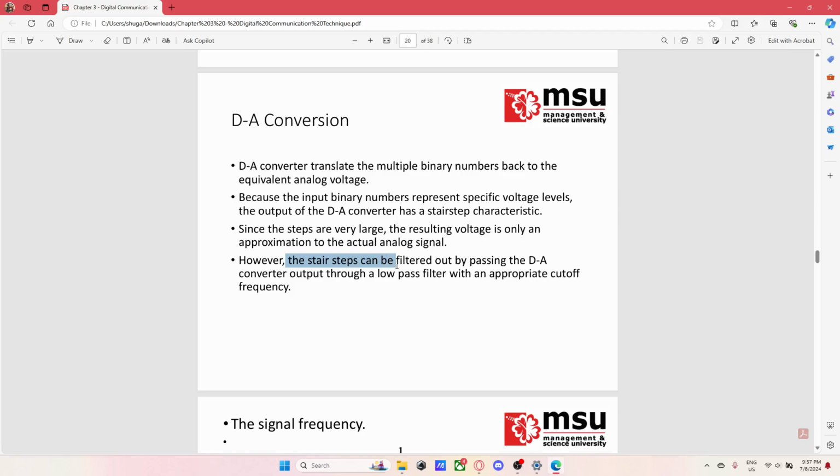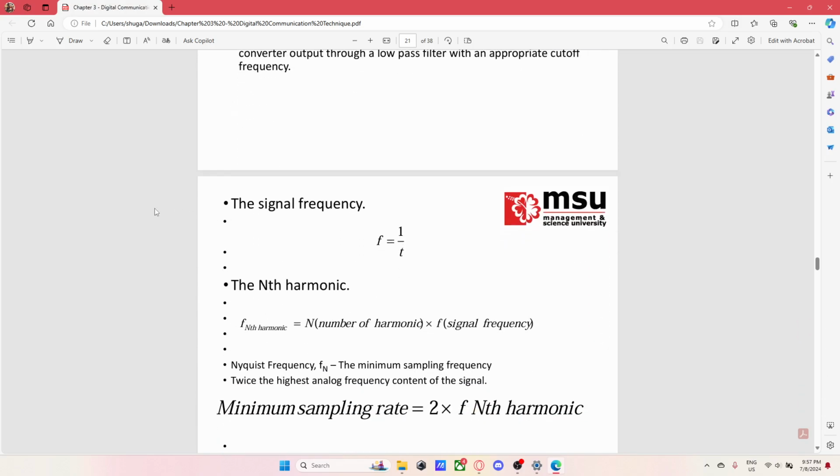However, the stair step can be filtered out by passing the digital to analog converter output through a low pass filter with an appropriate cutoff frequency. So a frequency calculation is easy enough. It is just 1 over t, where t is the time it takes to change the digital signal.